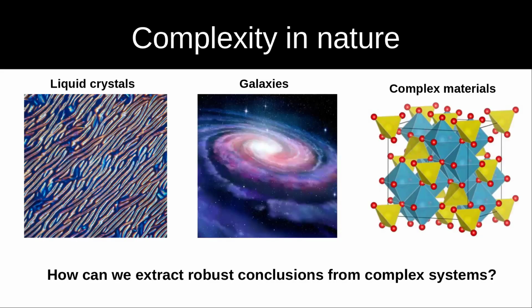Let us start with some examples of how symmetry is important. If you look at nature, at many different phenomena at many different scales, you see that lots of complexity appears. You see this complexity in microscopic systems like liquid crystals, even at the scale of the universe in galaxies, and of course when studying quantum materials.